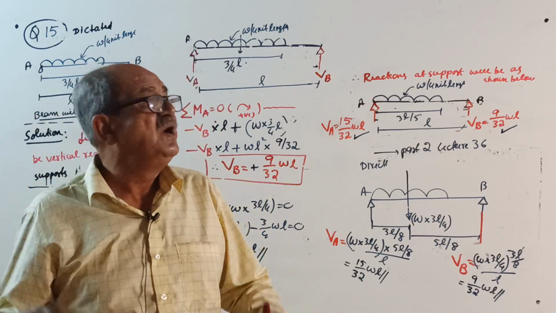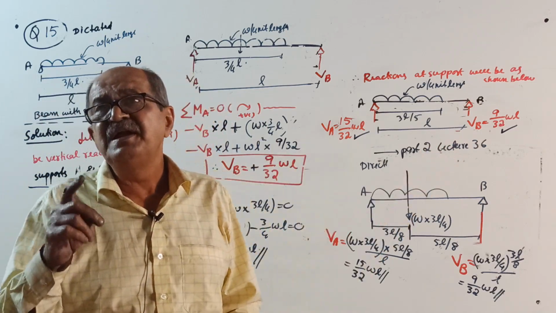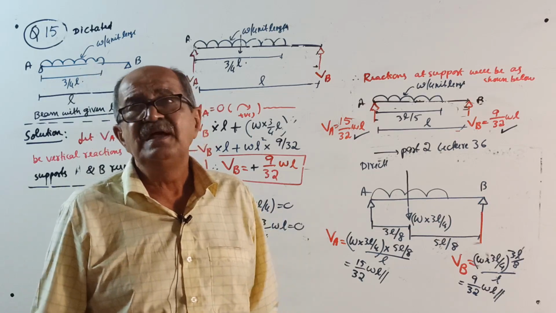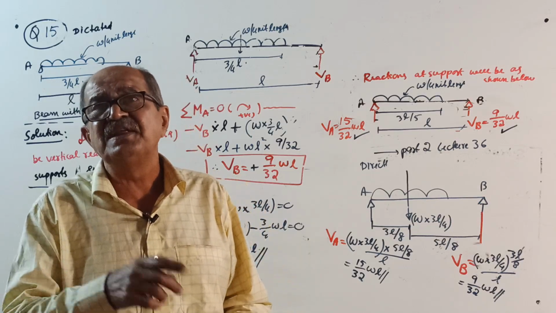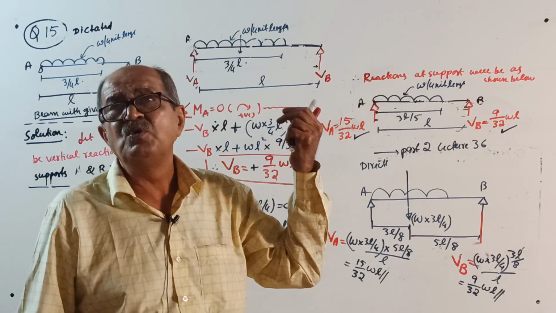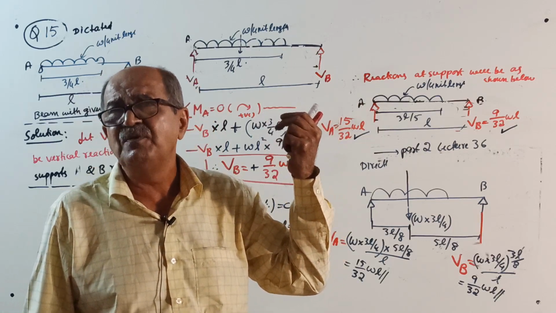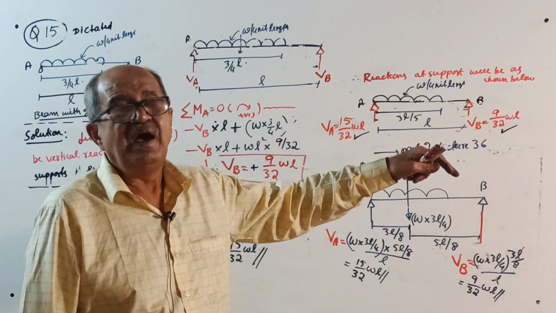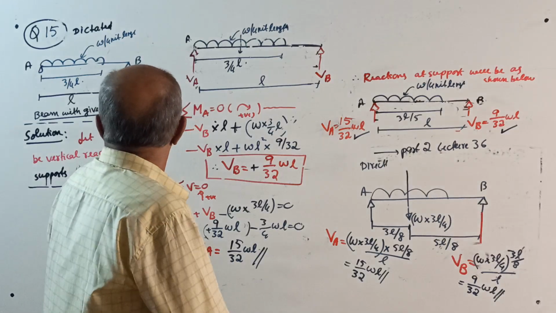Once on the left side, once on the right side, once in terms of unknown distance A, and next in terms of a particular part of L. I think I had taken 2L by 5 from the right side. One more question, left side, 2L by 5.